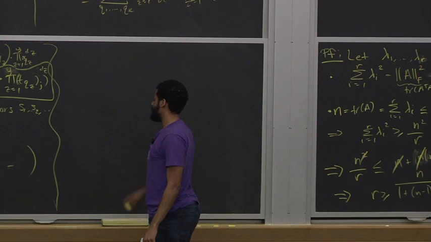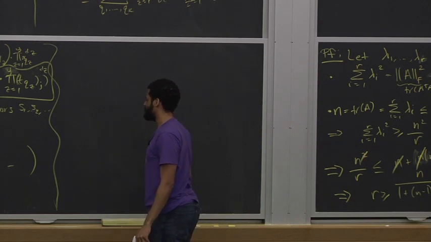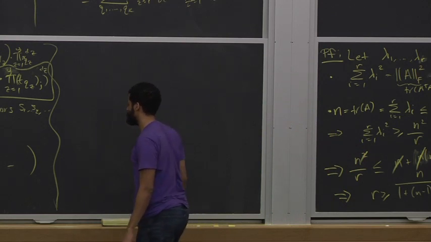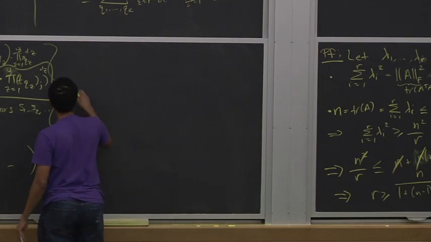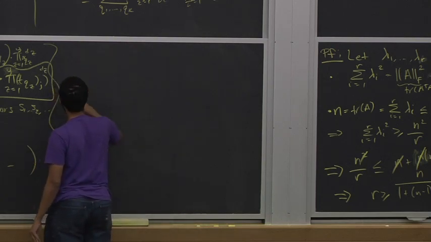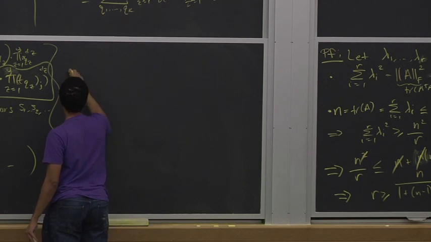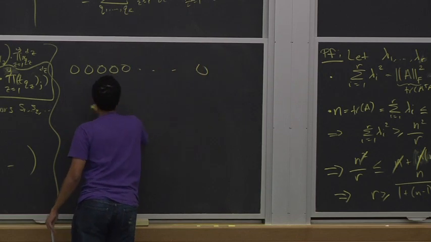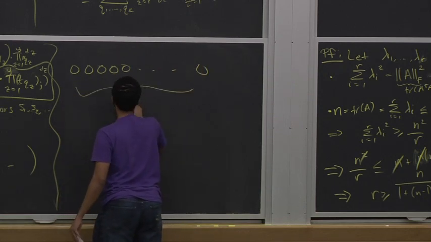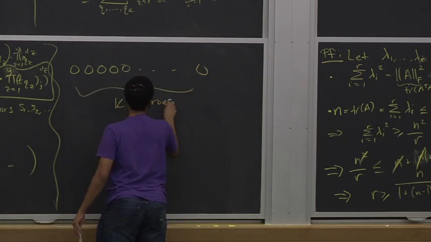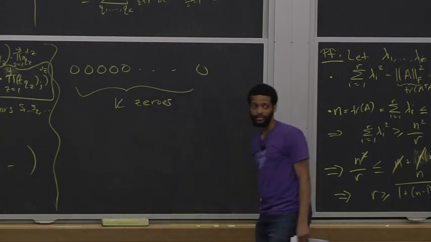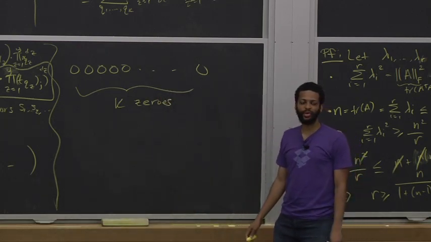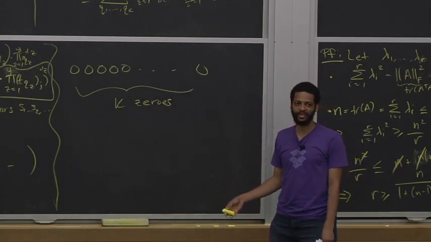So the basic idea is as follows. Imagine having k zeros. And now, imagine putting dividers between the zeros.